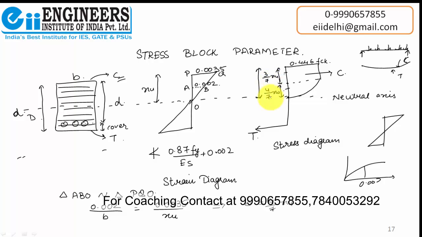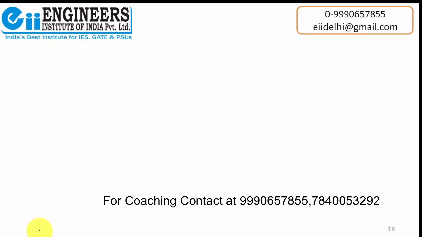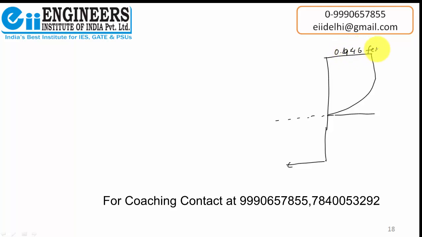What we need to find next is the total compressive force acting and the total tensile force acting. We'll go to the next page. I'll draw that diagram here again so that we can talk about it. This value was 0.45 or 0.446 fck.